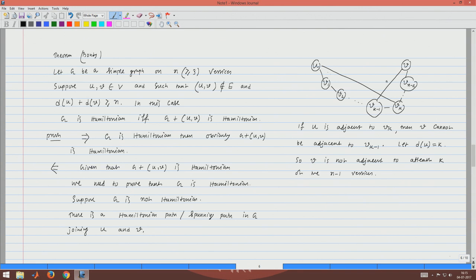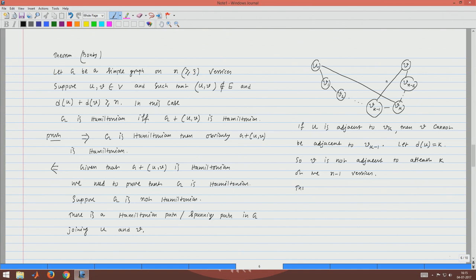Because if u is adjacent to something, v can't be adjacent to its neighbor. So, v is not adjacent to at least k of these vertices, because u is adjacent to k vertices. So, v can't be adjacent to its k neighbors.